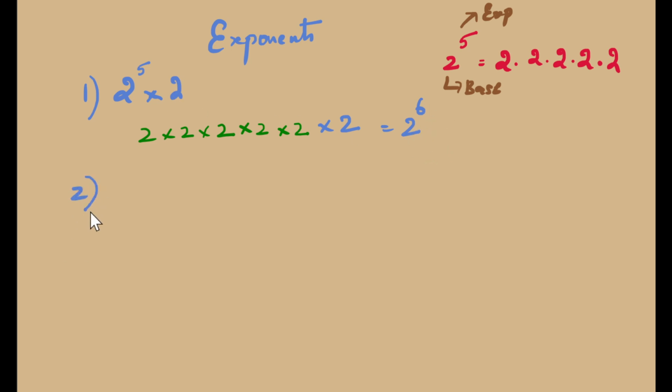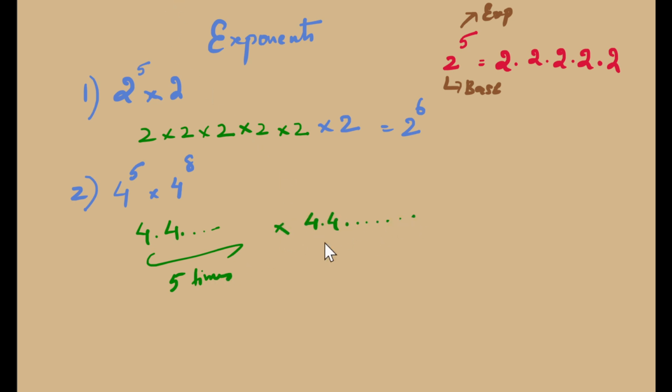So, second example, let it be a fairly larger power: 4 to the power 5 multiplied by 4 to the power 8. It's a repeated multiplication of 4, 5 times first, and then multiplied by the same 4, 8 times.